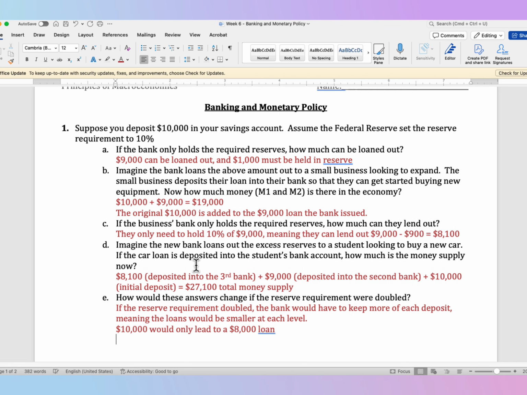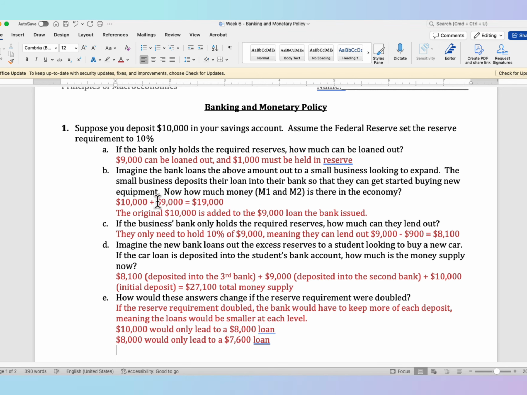And then the next $8,000 deposit would only lead to a $7,600 loan. And so already we can see the money supply falling.